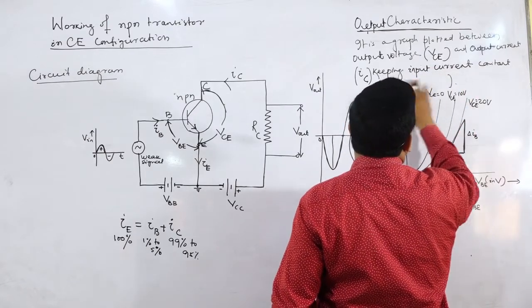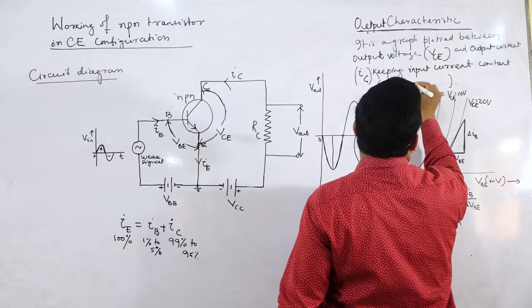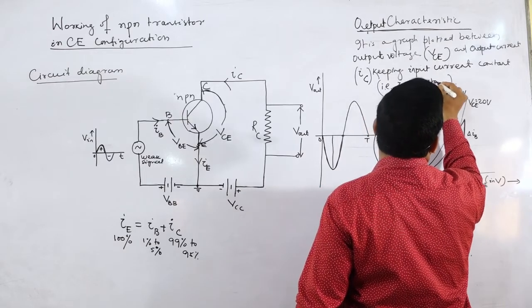What is the input current here? Base current. So IB equal to constant.